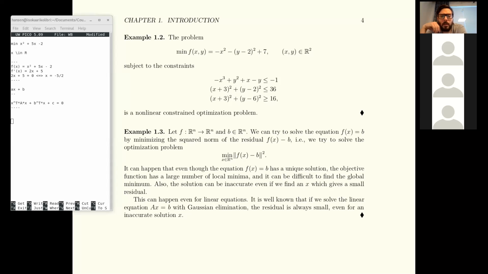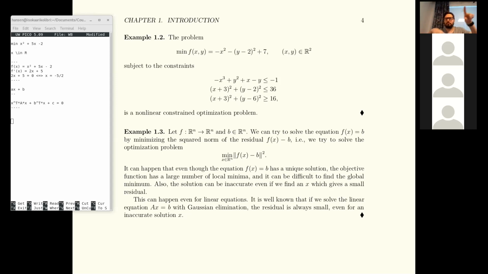The problem with this is, if you have this minimization problem of f of x minus b, and take the norm of that, depending on what f of x looks like, this objective function may have these nooks and crannies.